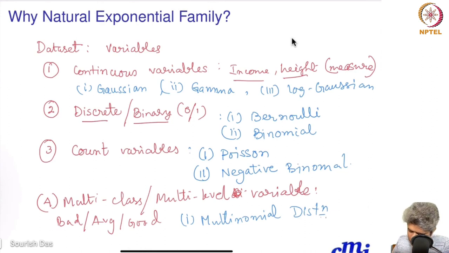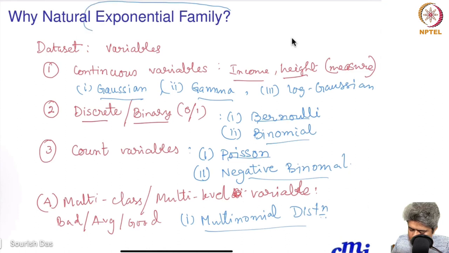Now all these distributions, Gaussian, gamma, Bernoulli, binomial, Poisson, negative binomial, multinomial, fall in the big family of the exponential class of family.